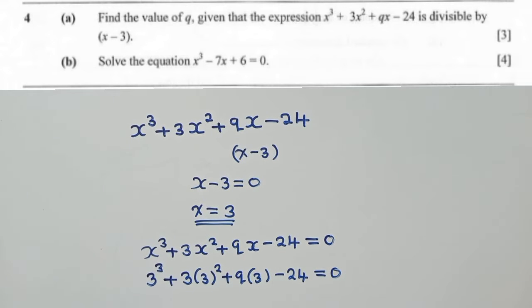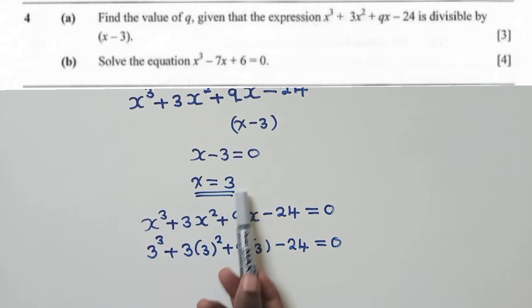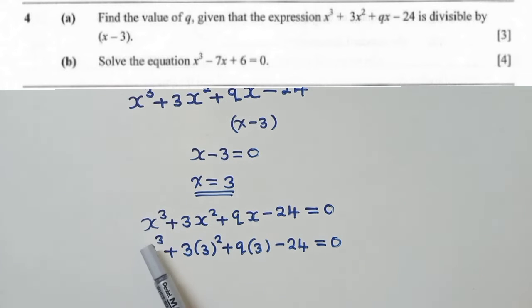Maybe the question you may be asking is where this 3 is coming from. It is the 3 which is right here. We just put it where x is, and you solve.